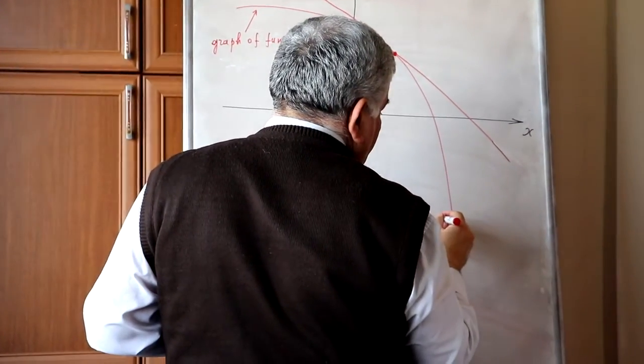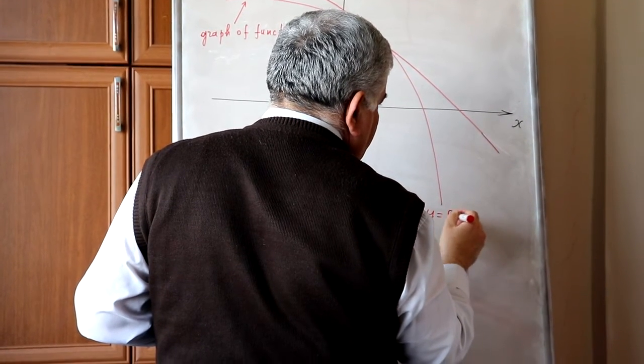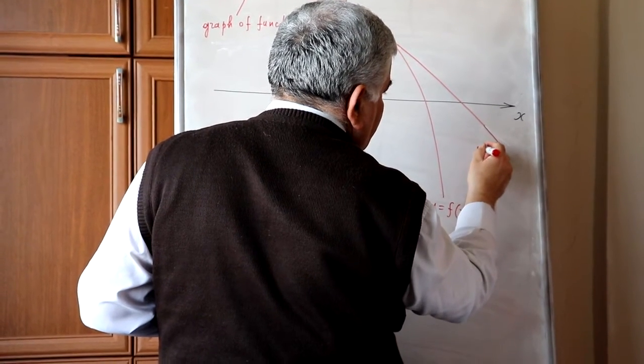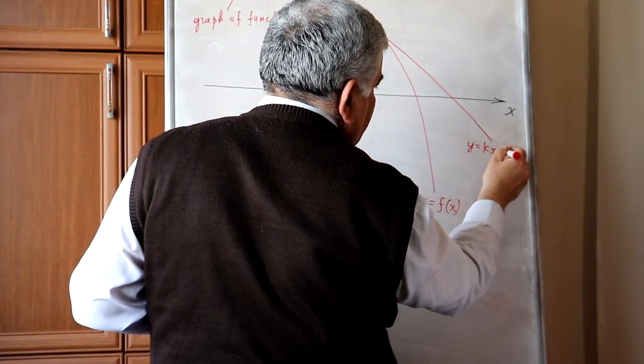Equation of the given function is y equals f of x, and the equation of the tangent is y equals kx plus b.